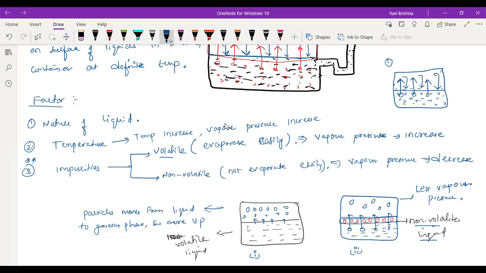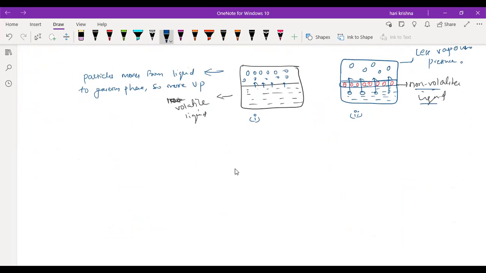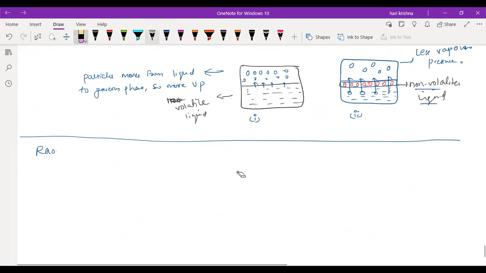Okay. Whenever we add a non-volatile component, the vapor pressure will decrease. Just remember that point alone. Fine. From this, we can derive the equation for Raoult's law. What is Raoult's law? Anybody?